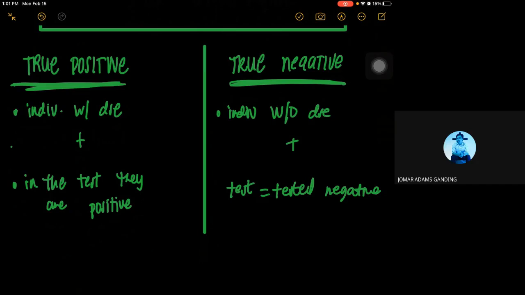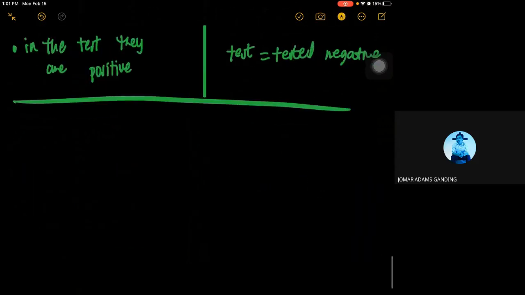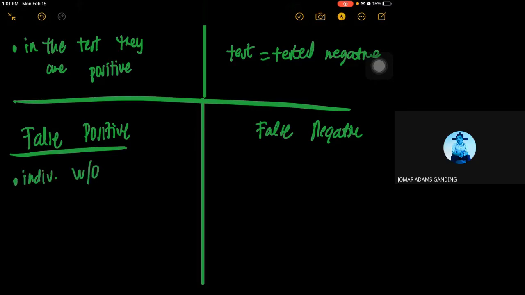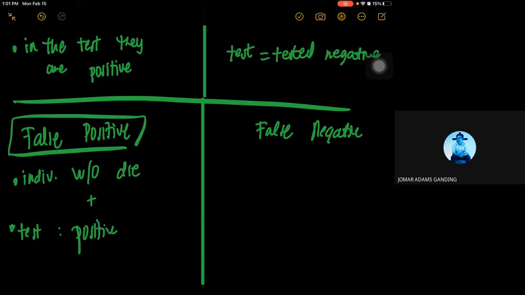Now, what about false positive and false negative? I want you to join me here. This time, false positive: these are individuals without the disease, but during the test, they were positive. So we call this false positive. This is a no-no.